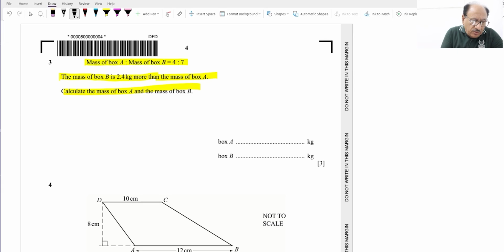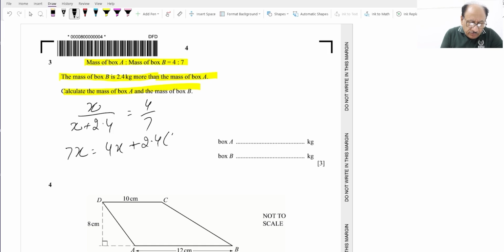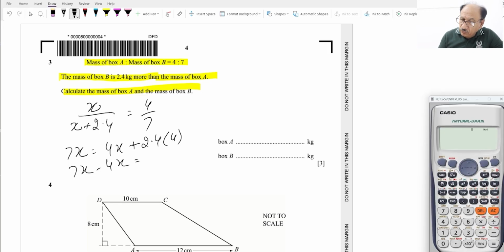Mass of box A is x, and B will be x plus 2.4, and this will be equal to 4:7. We need to solve this equation, so we can cross multiply. So it will be 7x is equal to 4 times x plus 2.4. So this will be 7x minus 4x is equal to 2.4 multiplied by 4.